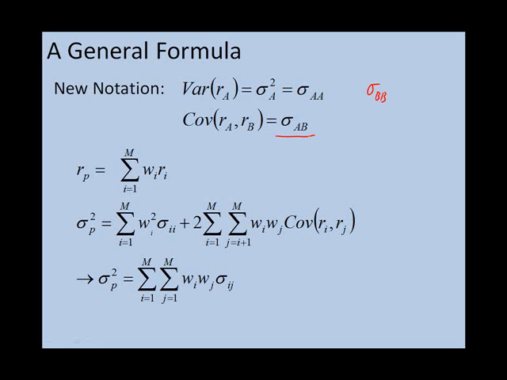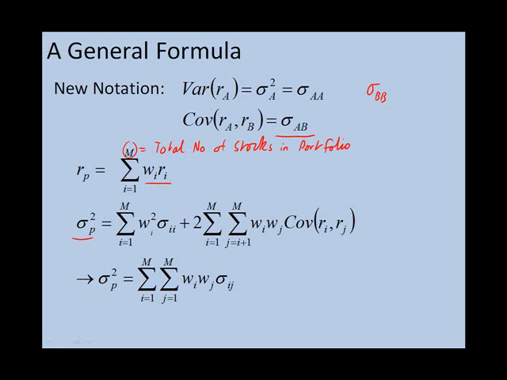Now let's look at our formula for returns. Our formula for returns is just the sum of the weights times the returns. That's what we saw in the previous slide. Here we've got this summation over stock i equals 1 to M. M is equal to the total number of stocks in the portfolio. So we've generalized the formula.